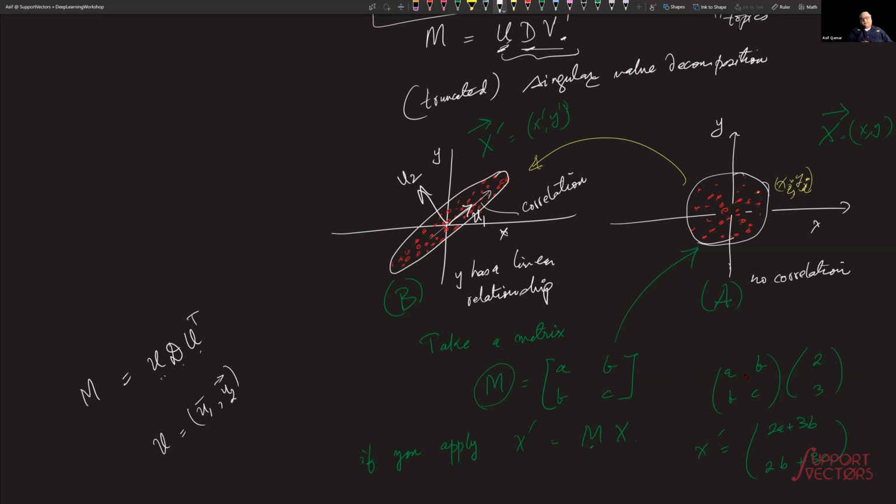And here's the most interesting part. If you look at this point along that direction, this point in the circle has gotten stretched to this point, right? This point would have been here, original, and it has gotten stretched to this final point.